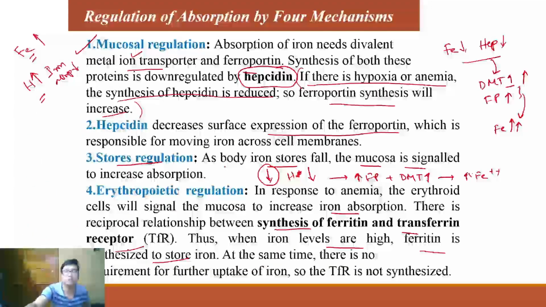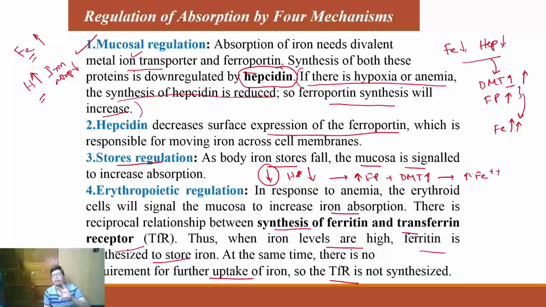So that is what is meant by this statement: whenever iron is in excess, we don't need iron transport, we only need iron storage. Whenever there is no need of uptake of iron, there is no need of transferrin receptors, and it will be only stored as ferritin. At the same time, there is no uptake for further iron, and transferrin receptor will not be synthesized.